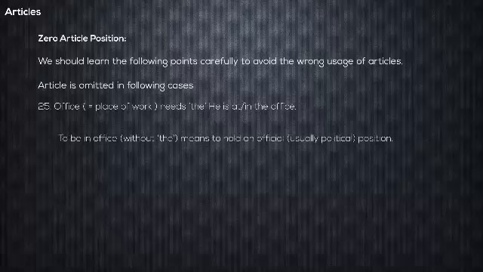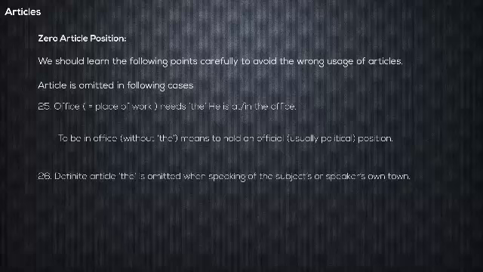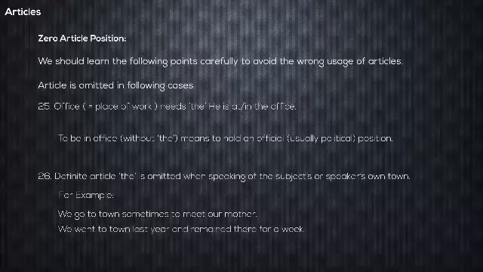To be in office means to hold an official, usually political position. 26th. The definite article the is omitted when speaking of the subject's or speaker's own town. For example, we go to town sometimes to meet our mother. We went to town last year and remained there for a week.